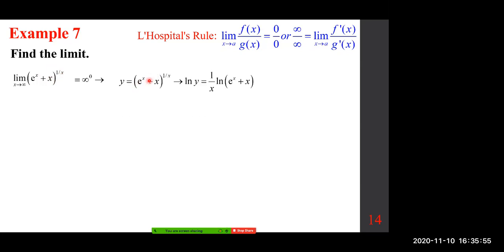And then we take the natural log of both sides, and the result is that ln y becomes now 1 over x. This 1 over x sits in front according to logarithmic properties. And now we are going to work on this. And as I mentioned, whenever you're done, let's say the answer is 10, then your answer for the original question would be e to the power of 10, anything that you get, okay?